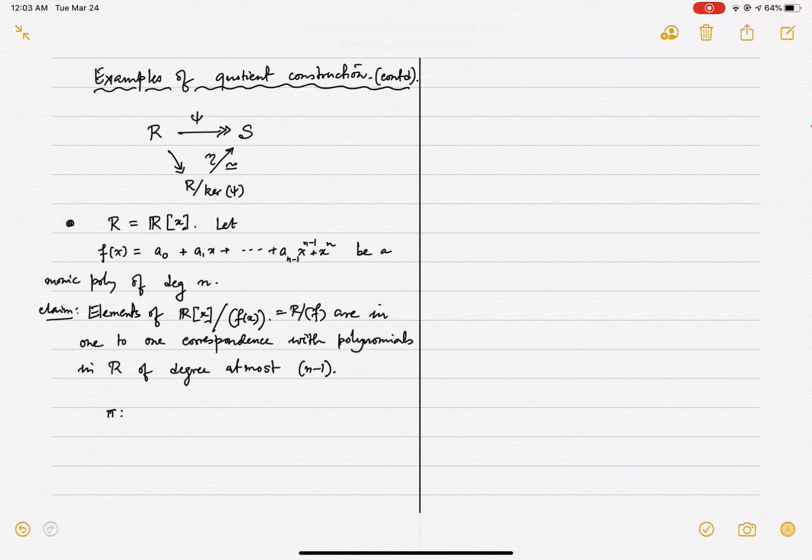Let's call this quotient ring S. And you have the natural quotient map, right? From the domain to S, the quotient map.